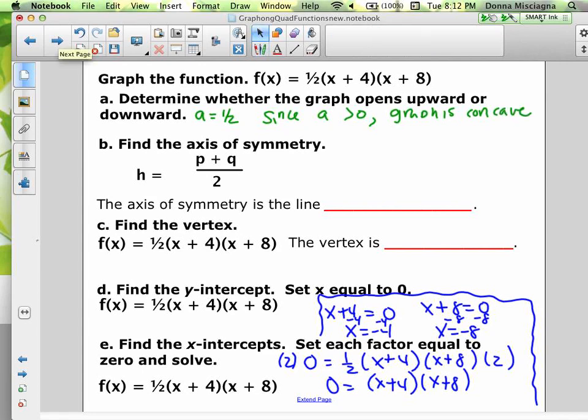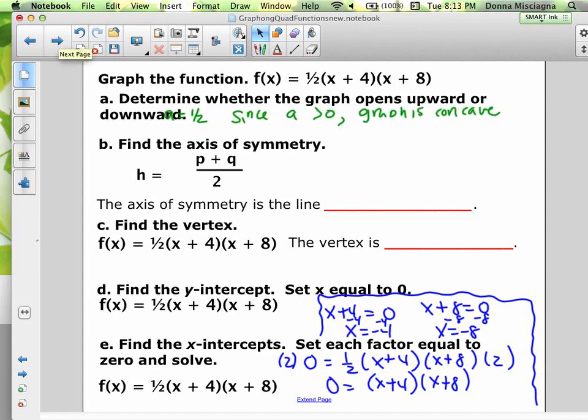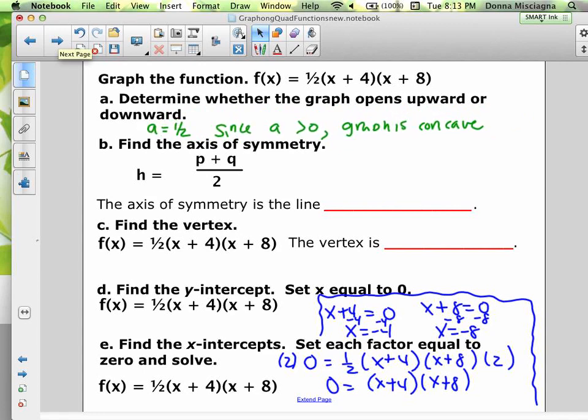Let me squeeze that in there. All right, so we've got concave up.